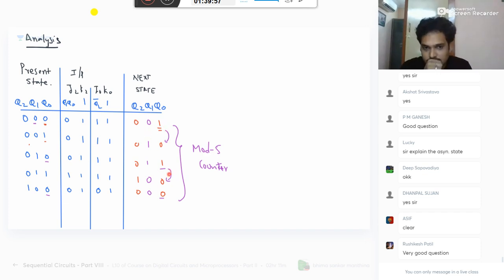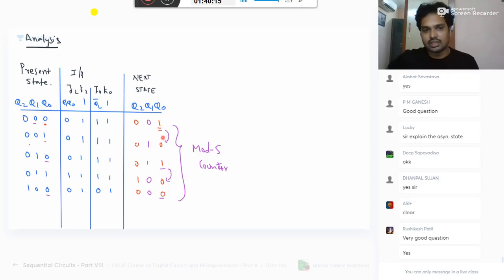Only when Q0 changes from 1 to 0 does it toggle, otherwise it keeps the same value. Is it clear? When this changes from 1 to 0, this will toggle, otherwise same.